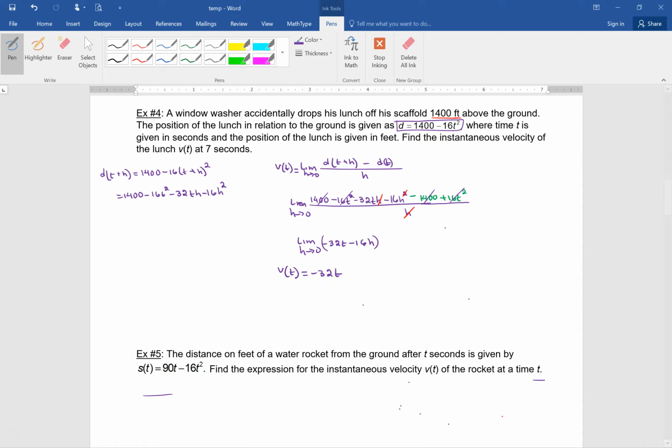That's the instantaneous velocity at any given time. What we want now is the instantaneous velocity at 7 seconds. So what I want is v of 7, which is negative 32 times 7, which is negative 224 feet per second.